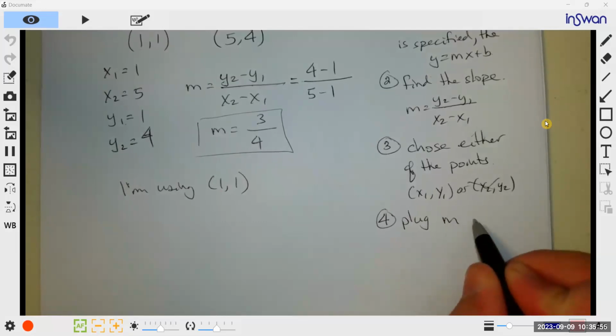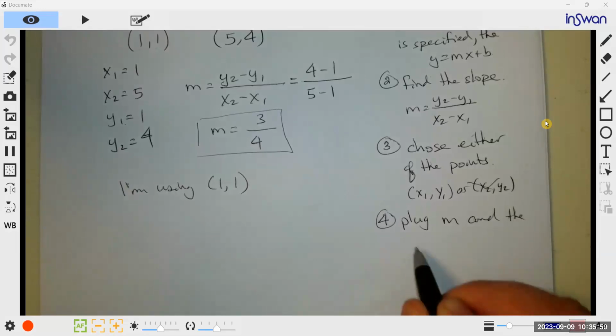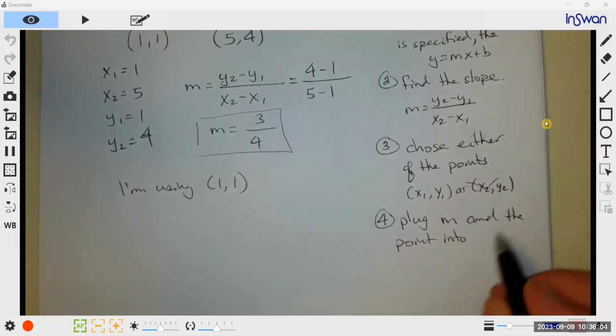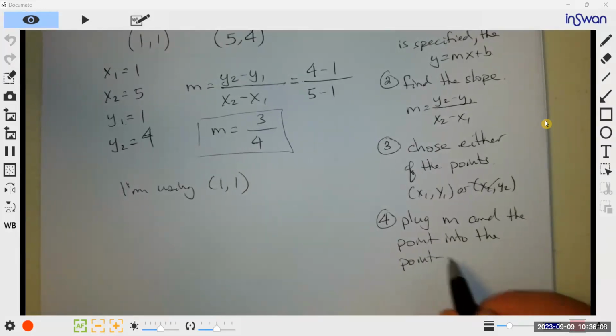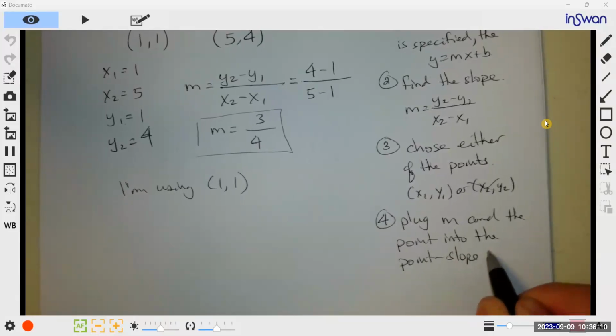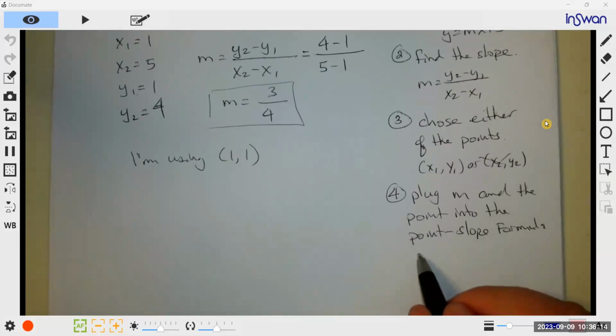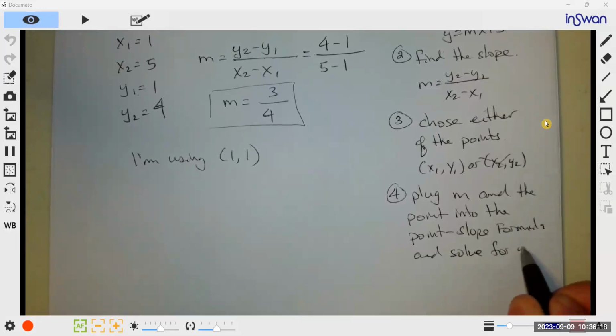Plug your slope and the point into the point slope formula, and solve for y.